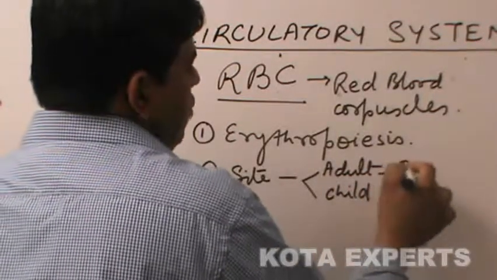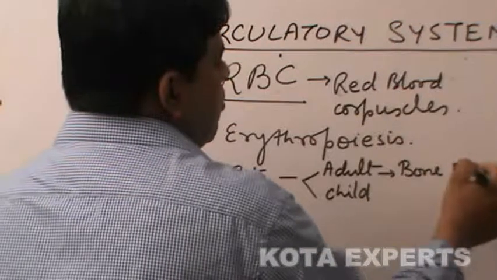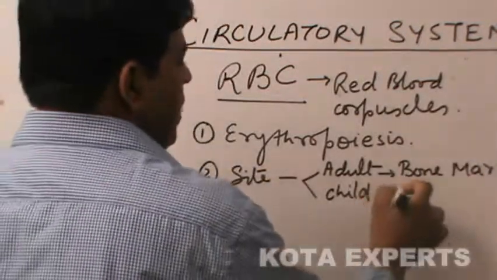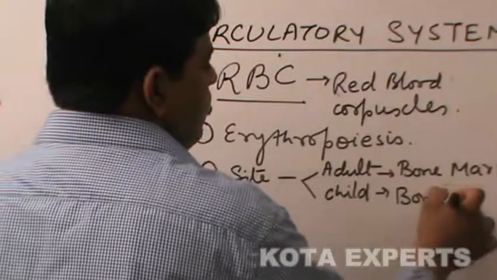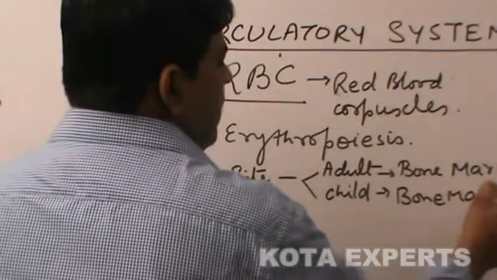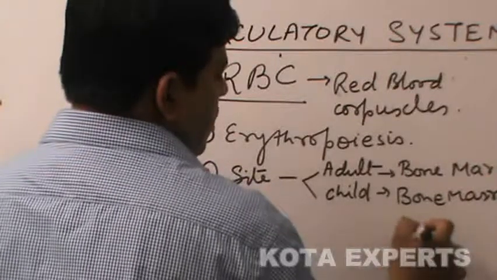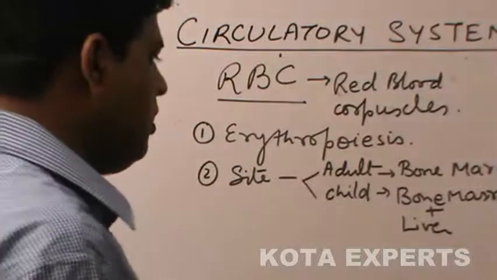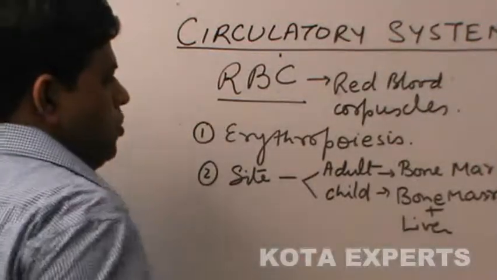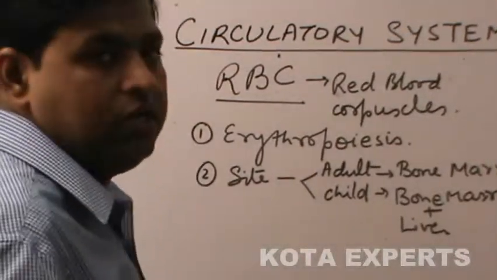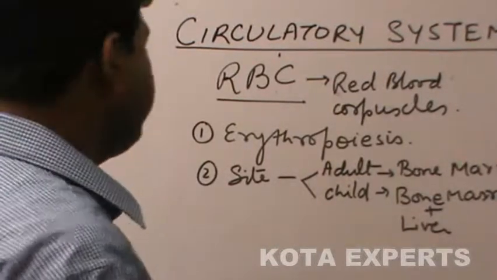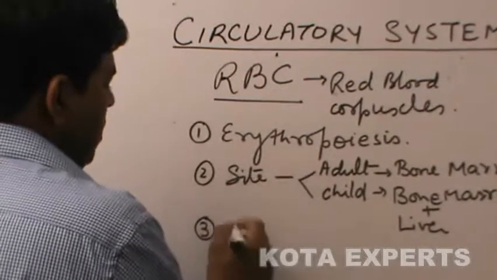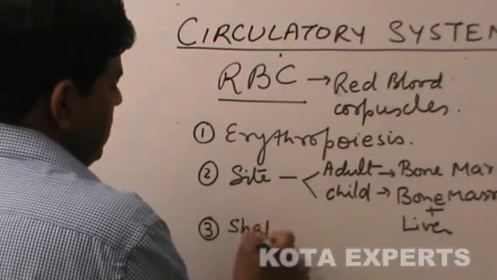In adult it is only bone marrow, and in child it is bone marrow as well as liver. Liver is also producing RBCs in children. Okay.